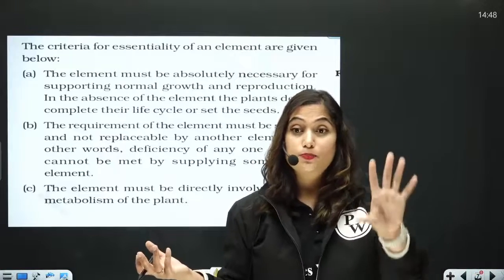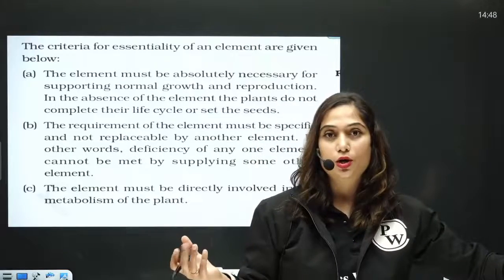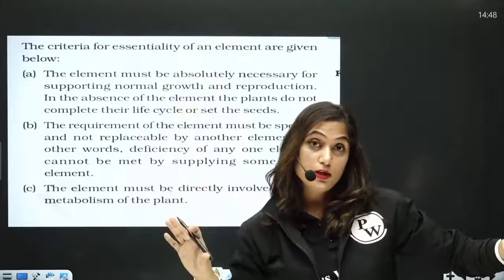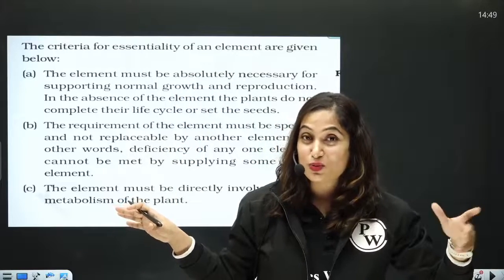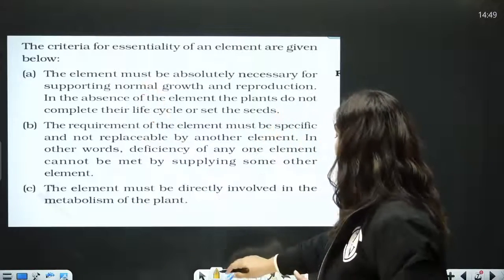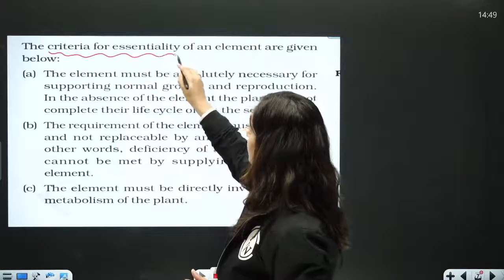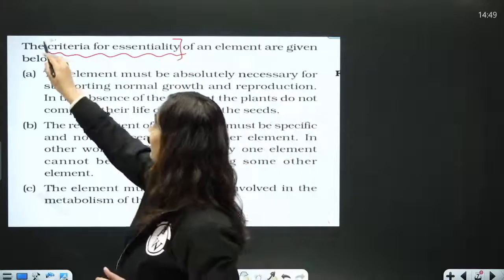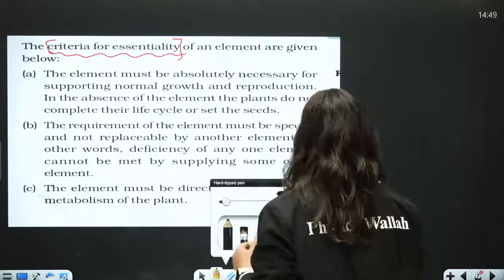This mineral element will have these properties, so it will be essential, or it will not have these properties, so it will be non-essential. So there should be some criteria on which we decide whether the element is essential or not, and that is called the criteria for essentiality. Criteria for essentiality was given by two scientists, Arnon and Stout.